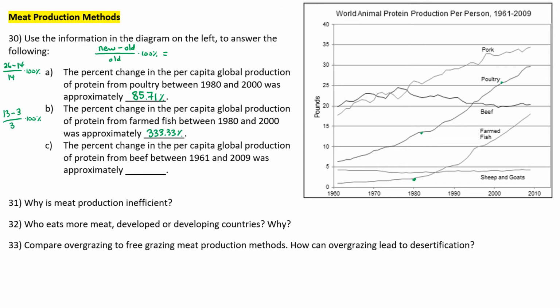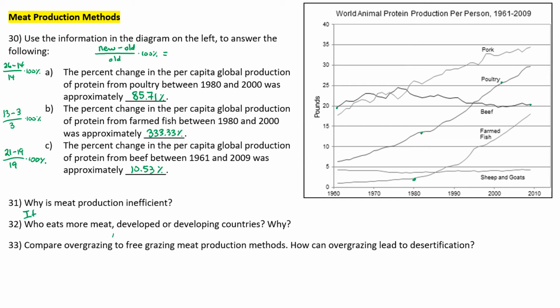Then the percent change in per capita for beef, y'all, from 1961, which is this value here, just above 20, we're going to have a 21 minus 19 over 19 times 100%, and that gets us 10.53%.